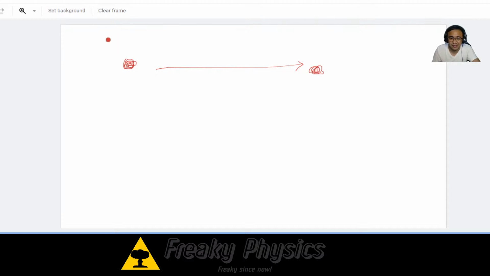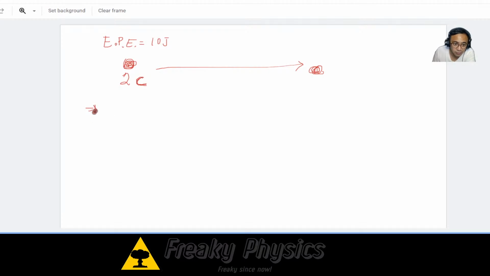Let's just say that at this position, the electrical potential energy has a value. The HL section will describe how to actually get this value, but for now we're just going to assign values. Let's say the electrical potential energy is 10 joules, and this is 2 coulombs.